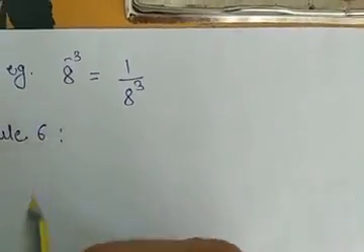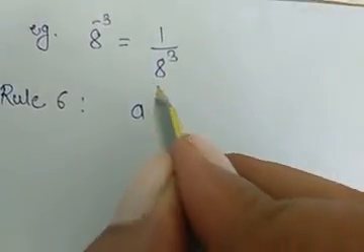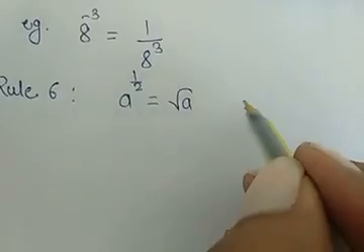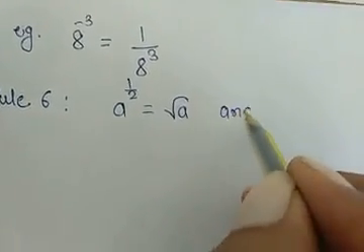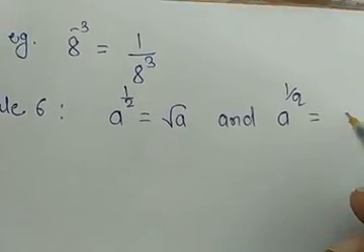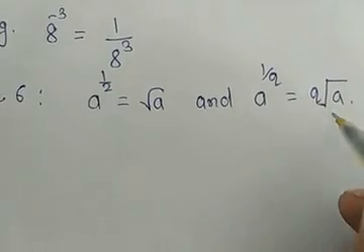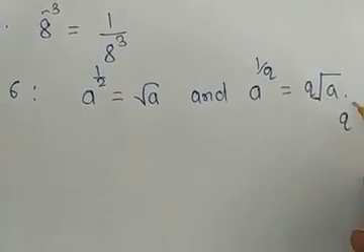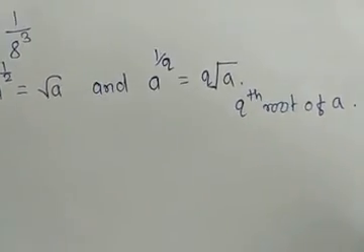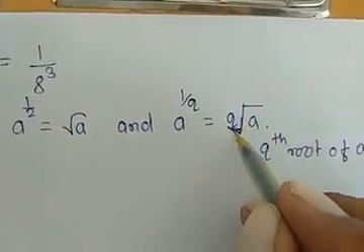Rule number 6 is a raised to 1 half is equal to the square root of a, and a raised to 1 upon q is equal to the qth root of a, and this q is in this root.